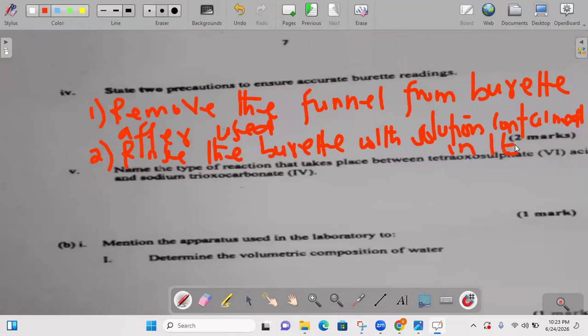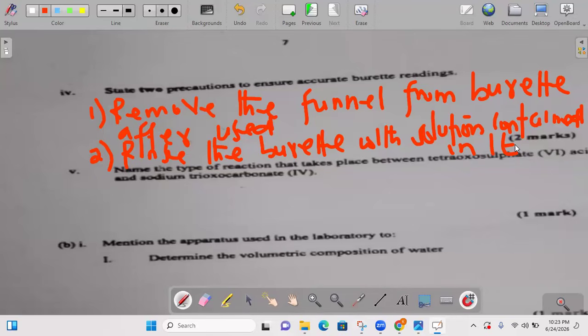Before you use the burette, you first wash it with water, meaning there's water inside the burette. If you don't rinse the burette with the acid, the small water left inside will dilute the acid. As such, you will not have a perfect endpoint.